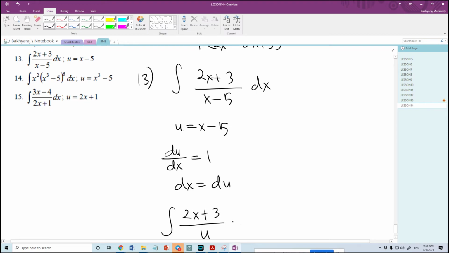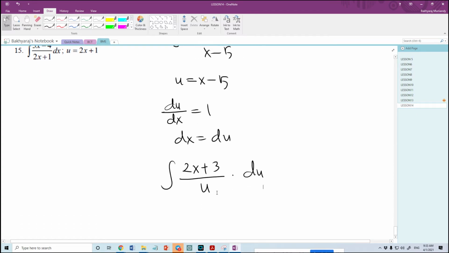Okay, but the problem here is you still have x inside the formula, inside the integration. So again we need to manipulate. x minus 5 equals u, so x equals u plus 5.